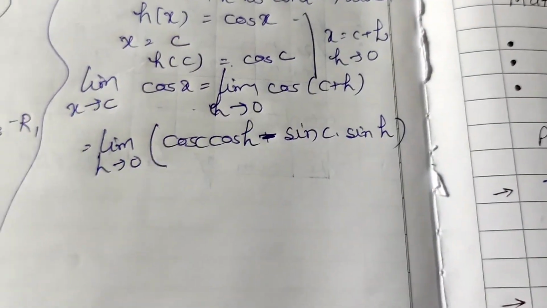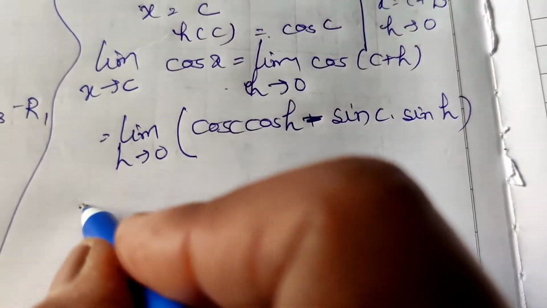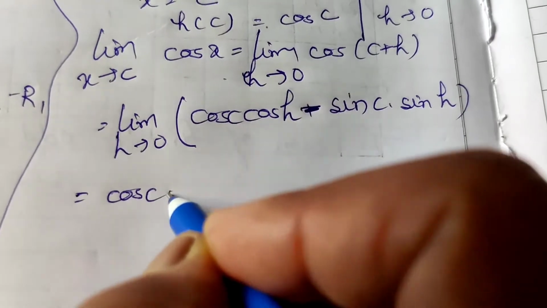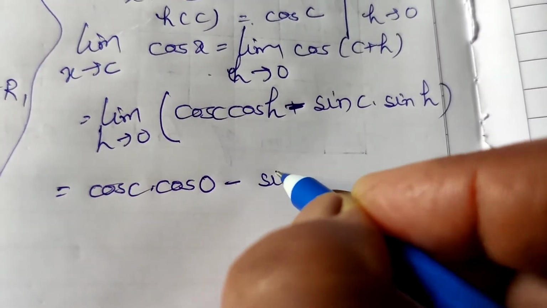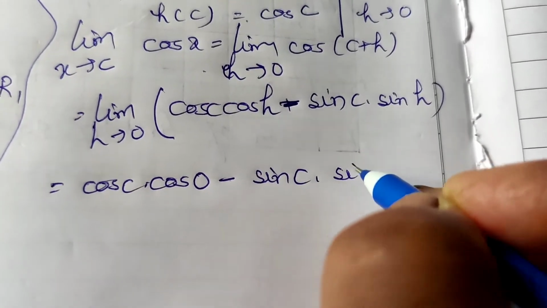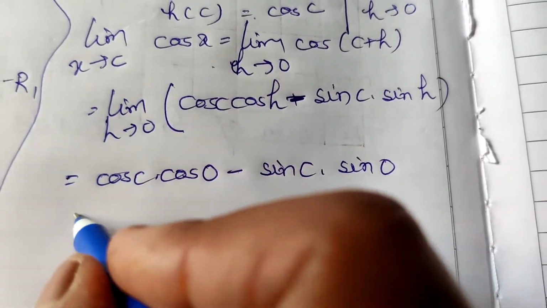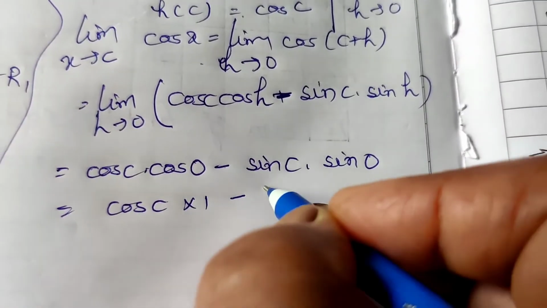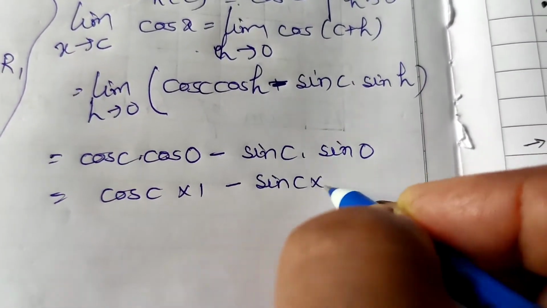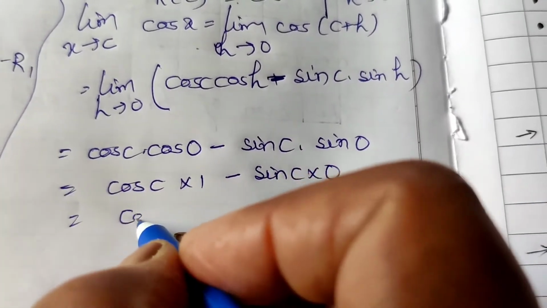Now put h equal to 0. It is equal to cos c cos 0 degree minus sin c sin 0 degree. Cos 0 equals 1, so it is equal to cos c into 1 minus sin c into 0, which equals cos c.